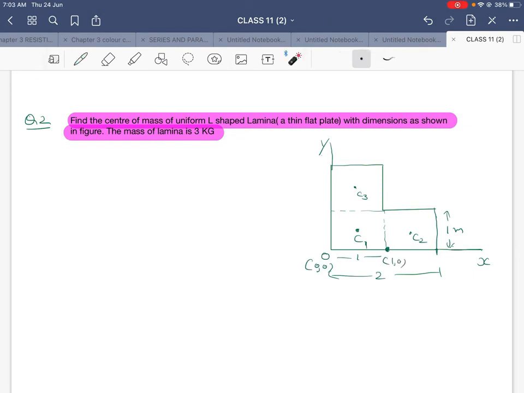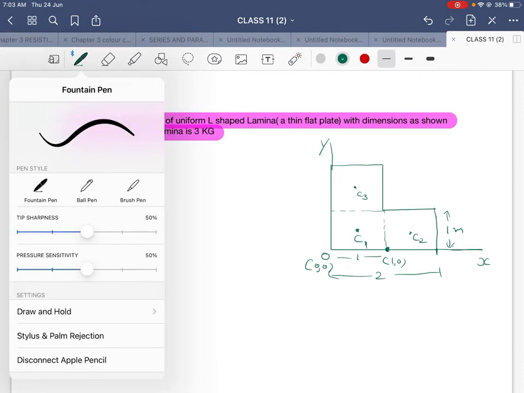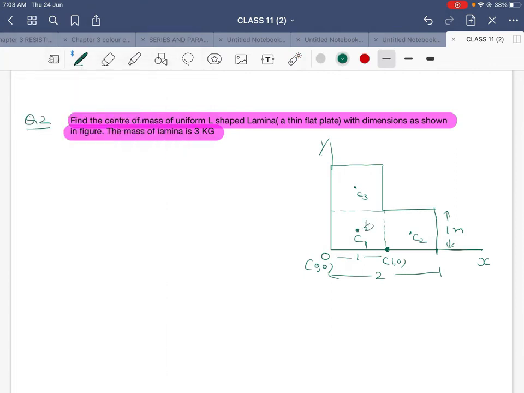Next we have to find the coordinates of this point C1. So C1 has x coordinate half of 1, and y coordinate also half of 1. So it has coordinates 1 by 2, 1 by 2.